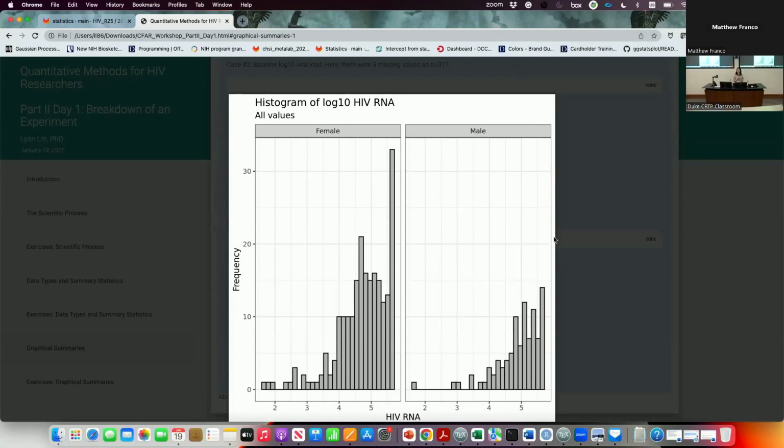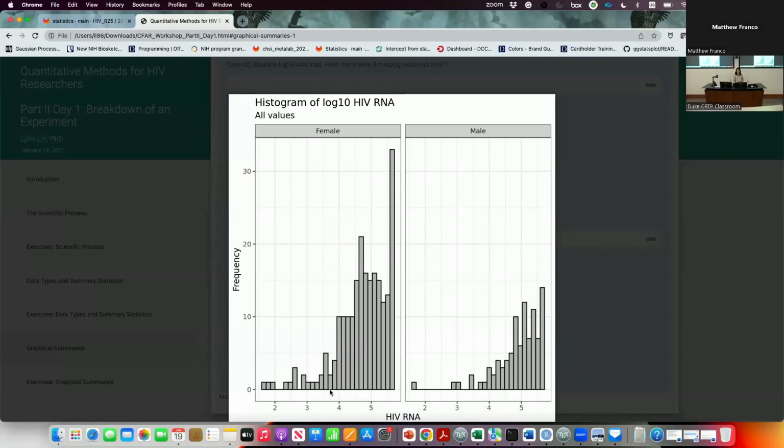Oh, what else? If we look at one tail of this distribution, maybe we can compare the other tail.